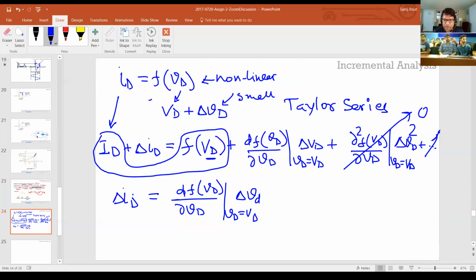Sorry, I'll just use capital D here. Okay, so that's your linearized function.